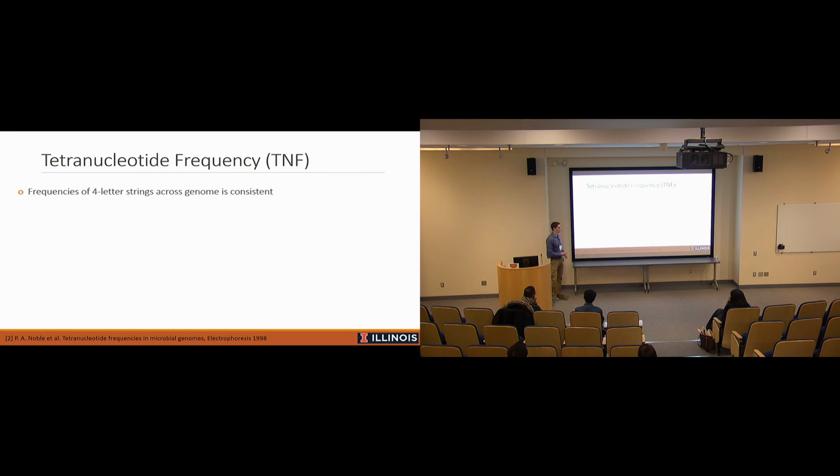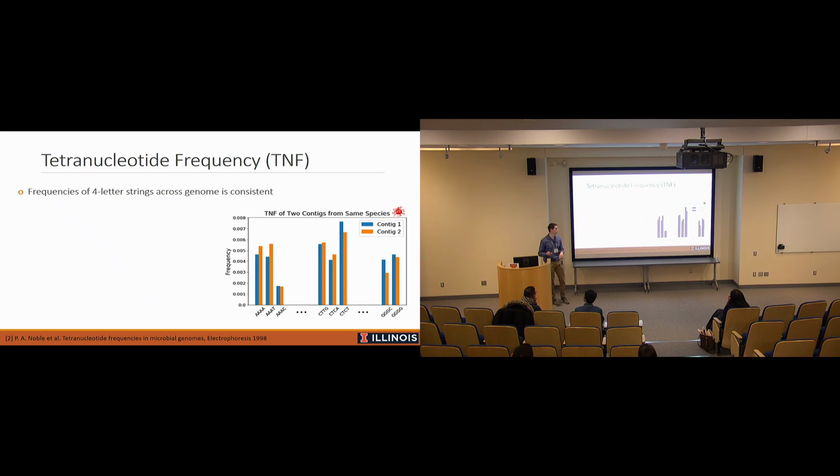So intuitively, two contigs which come from the same genome likely have very similar TNF distributions. So you can compare them in this way, where, for example, for AAA, you roughly have similar frequency in both contigs. So these two contigs likely come from the same species.